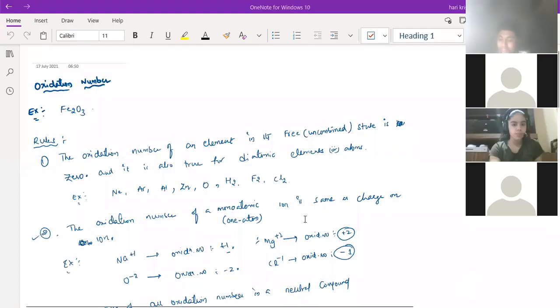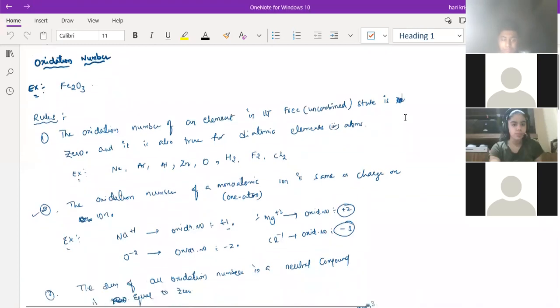What are the different rules in finding the oxidation number? Everyone, open your notebooks. Element in its free state.